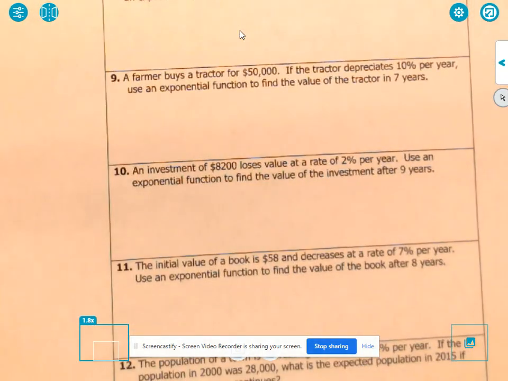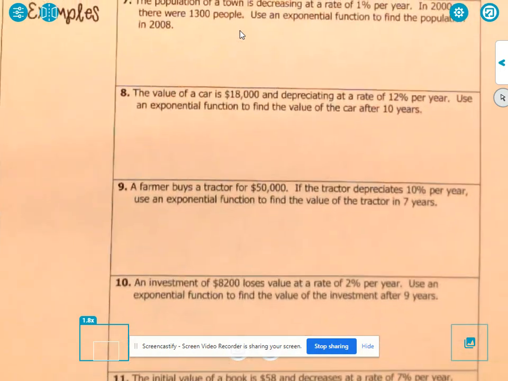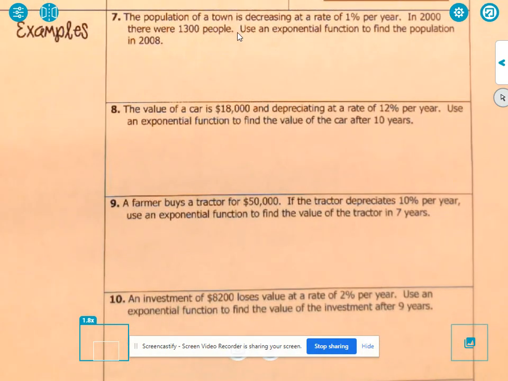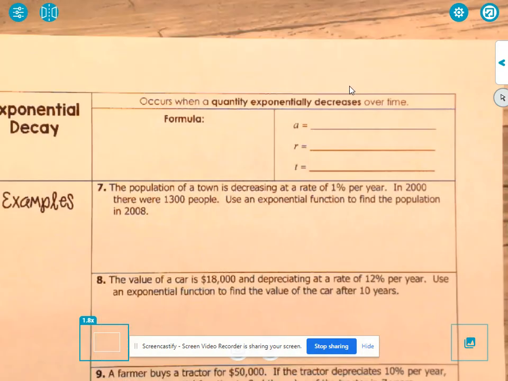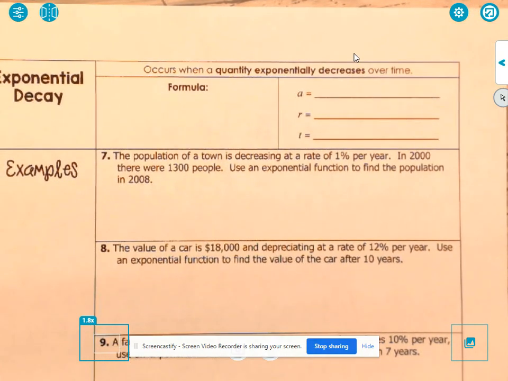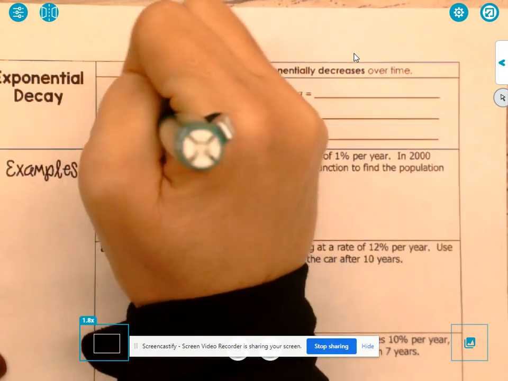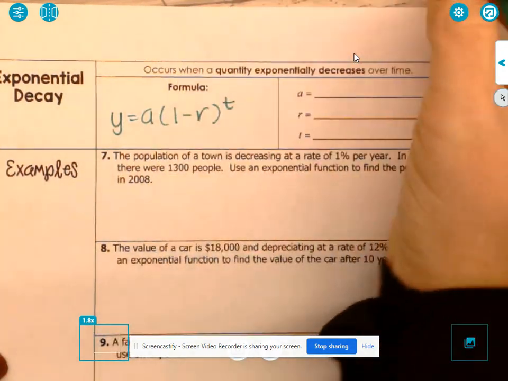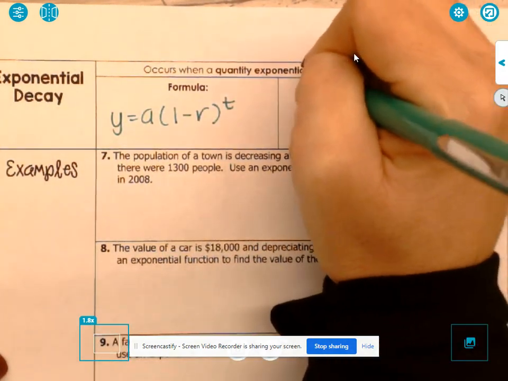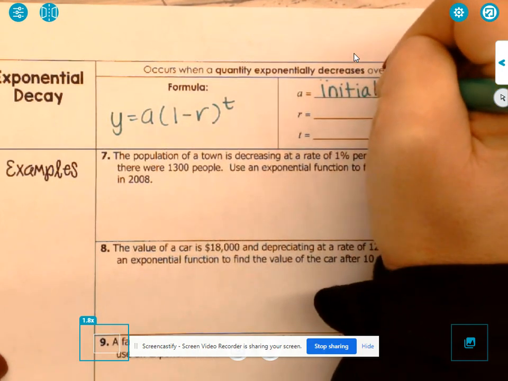All right. And then we switched gears and went to decay. Like I said, we treated them as two different topics here. Literally, though, it is going to be the same formula. The only difference is for decay, our formula, instead of containing a plus, it's going to contain a minus.